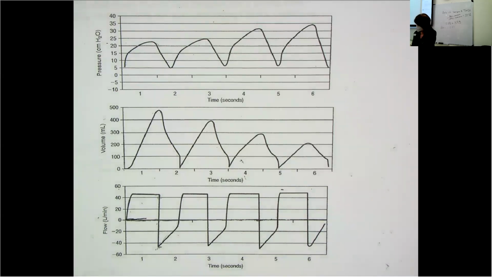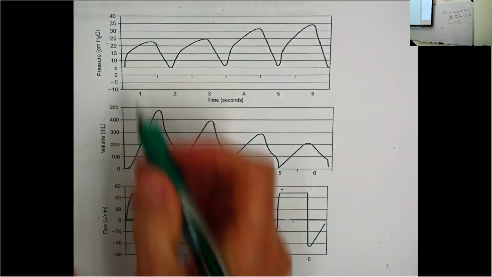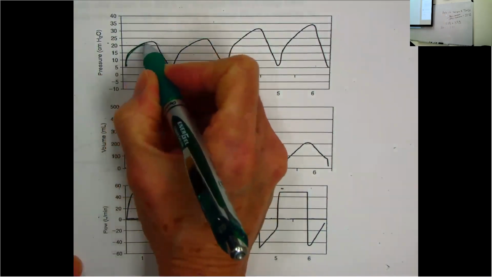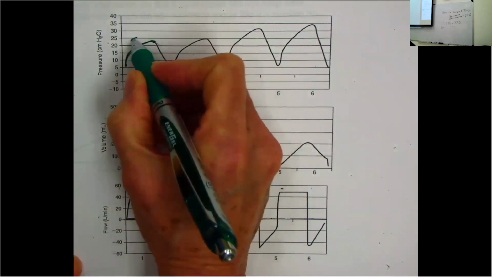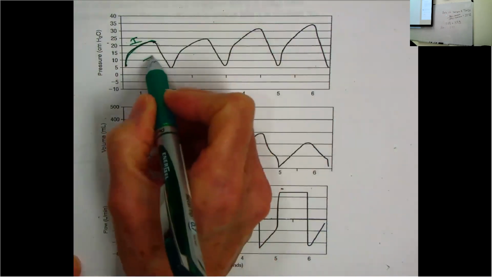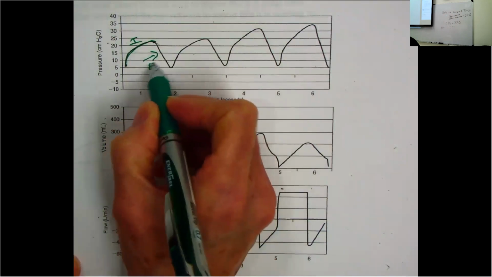So identify inspiration and exhalation. On the first one for pressure, pressure builds up as the air is going into the lungs. So when the pressure starts to go back down, that's when exhalation begins. So all of this is inspiration. And then when the pressure goes back down, that's exhalation.